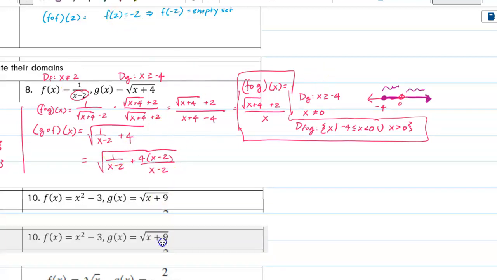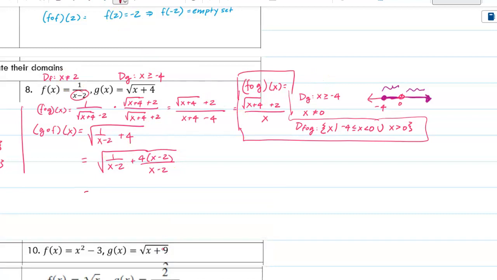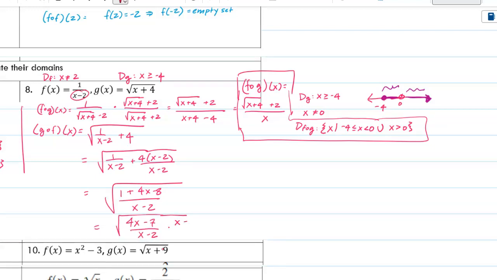And that's going to be 1 plus 4x minus 8 over x minus 2, which equals square root of 4x minus 7 over x minus 2. Multiply top and bottom by x minus 2 because we can't have a radical in the denominator.